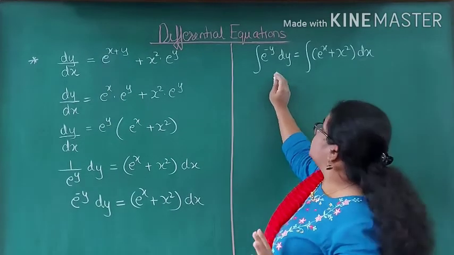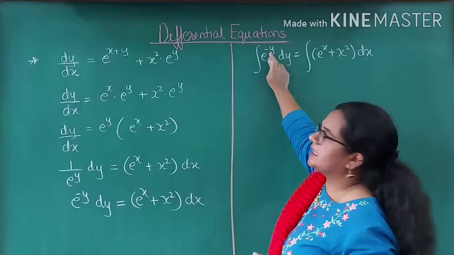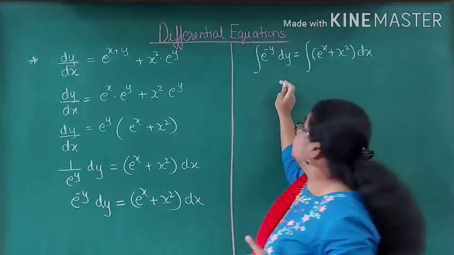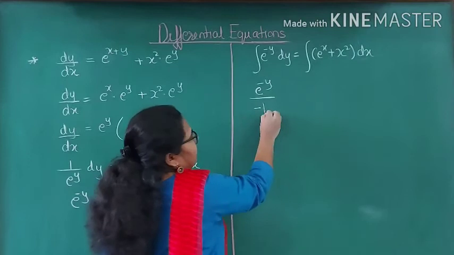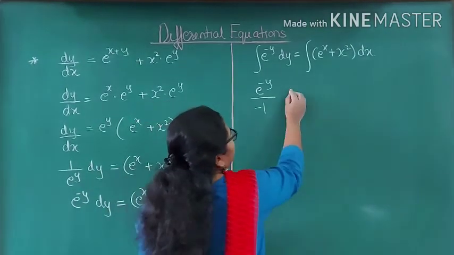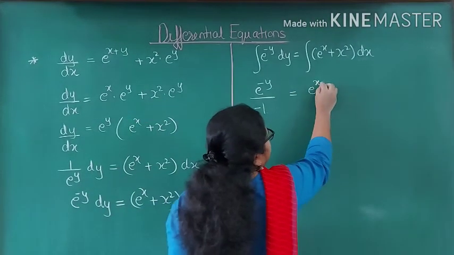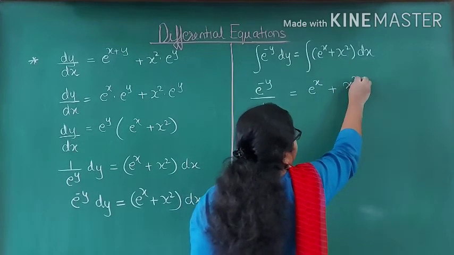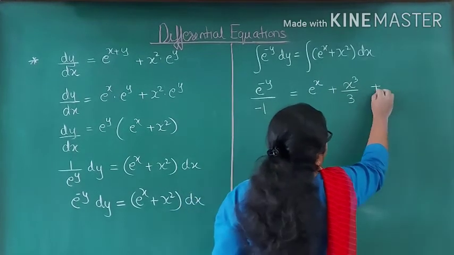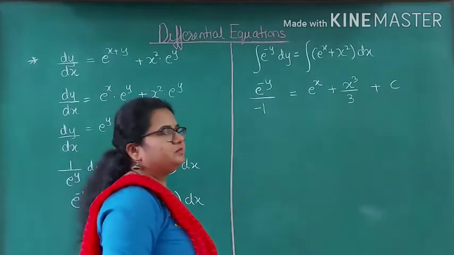Now what is the integration of e raised to y? It is e raised to y, but here you have a minus sign, which means you have to divide by minus 1. So this will be e raised to minus y upon minus 1 is equal to e raised to x integration, which is e raised to x, and x square integration is x cube upon 3 plus c.